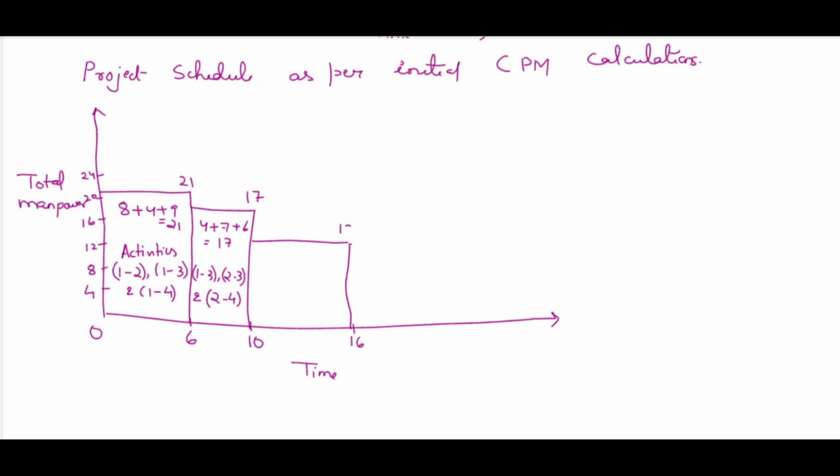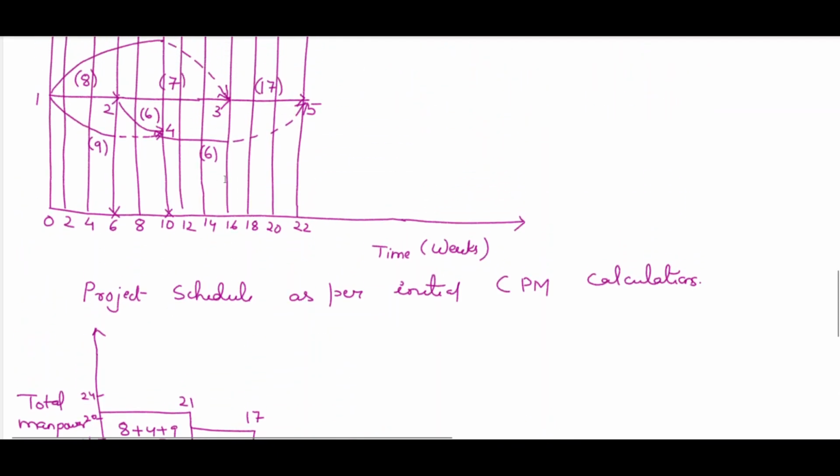It is 6 plus 7, 13. At the 16th node, it is 7 plus 6 or 6 plus 7, 13, and as it is a dotted one, the manpower requirement is completed.